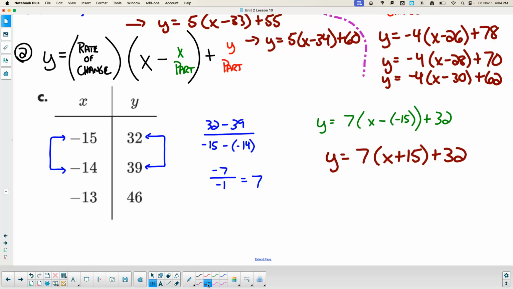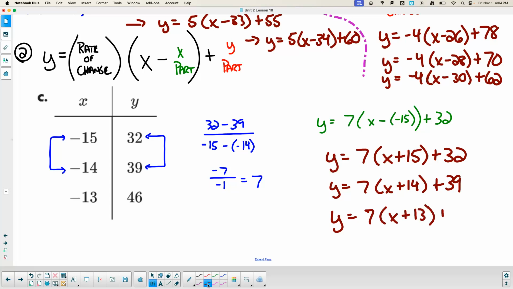So that's the first one. If you use the second point, it would be that. If you use the third point, it would be that. Okay.